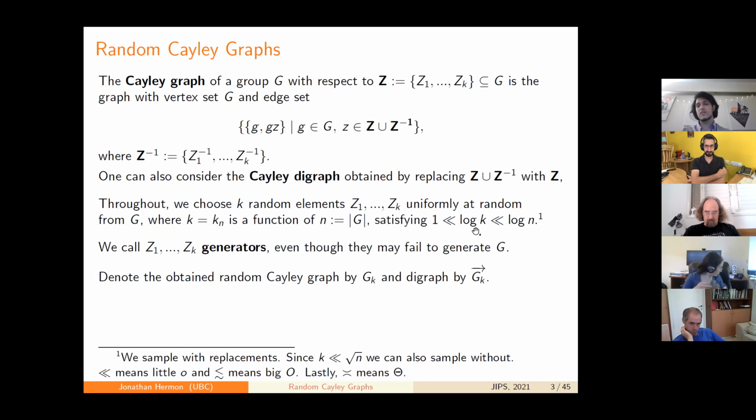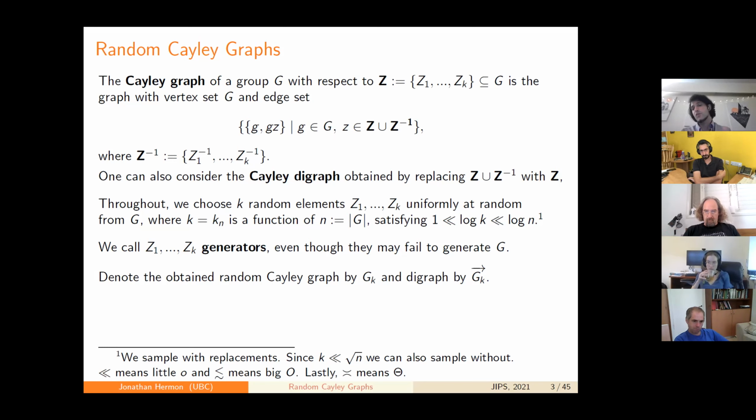We're also going to take K such that log K is of smaller order than log of the size of the group. And I'm also going to explain why we need that assumption later on. So in particular, the number of generators K is much smaller than log of the square root of the size of the group. And this really tells us that there is no difference between sampling the generators with replacement or without replacement.